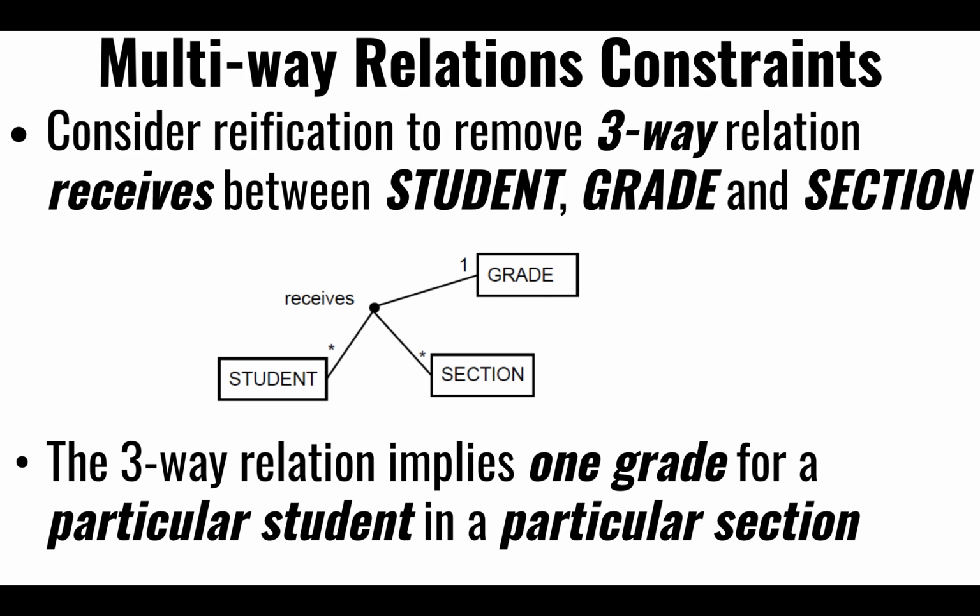I could be in sections 1, 2, and 3, and some other student can be in sections 2, 4, and 5, but not in section 1 or 3. The same way, if you give me a particular section, I might have students 10, 20, and 30. But if you give me a completely different section, I might have students 20 and 40, but not 10 and 30.